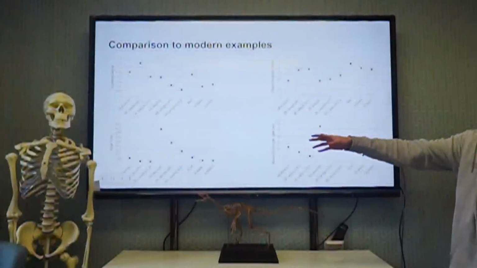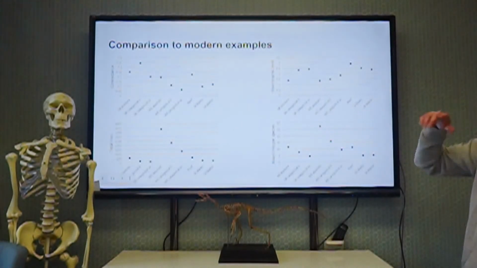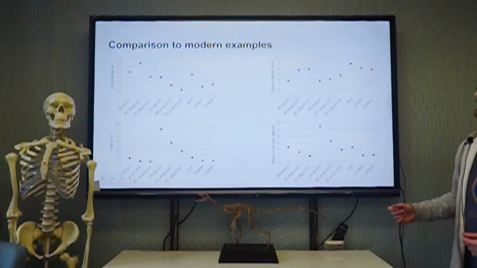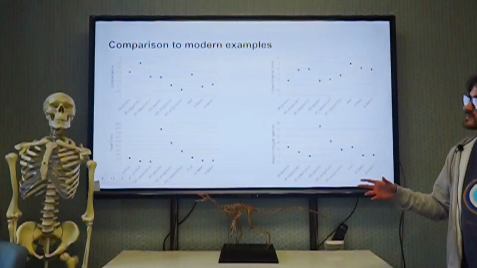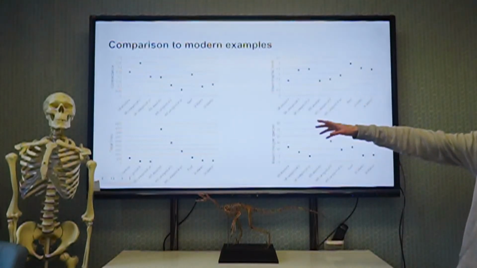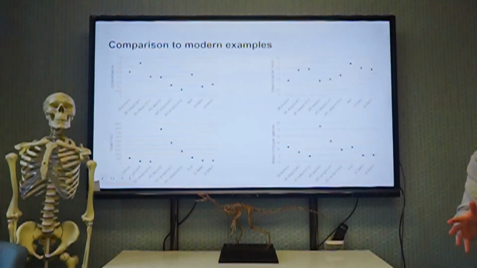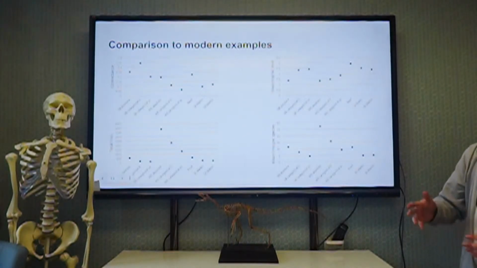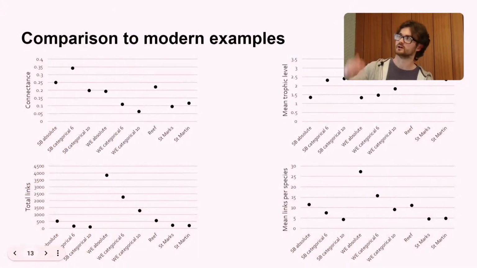So for the Strawberry Bank webs, they tended to have a higher connectance than modern webs, and the Western Europe webs were actually pretty similar. But SBC10, the Strawberry Bank web with the really restrictive size rules, was the most similar to modern examples, whereas WEC10 was the least similar to modern examples.